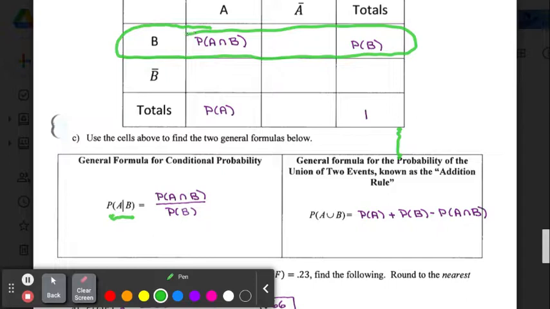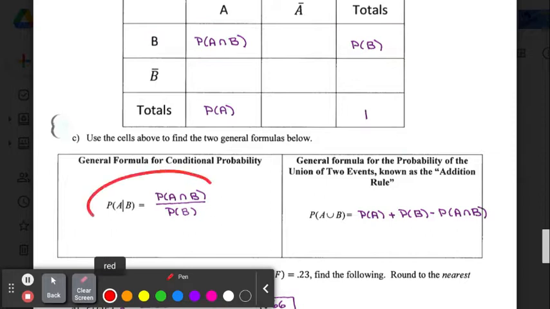So here's the probability of what we're looking for divided by this. We've been doing this with numbers, but in this case, we have a formula. This is super handy for word problems, let's say.